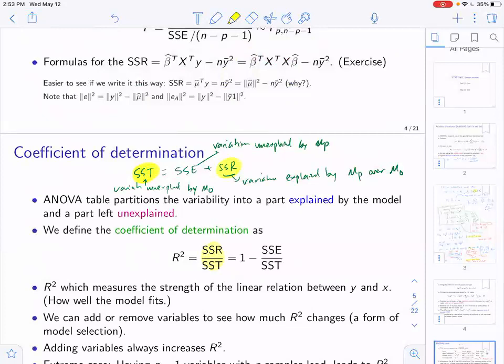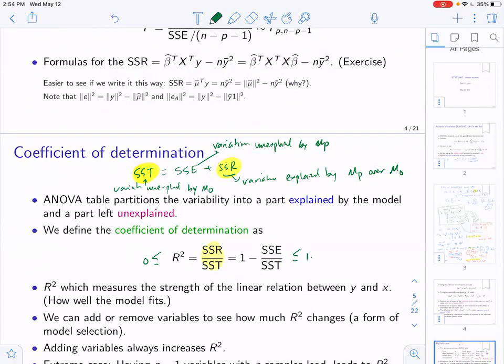And this you can see is always between 0 and 1. The reason being that the sum of the two has to be 1 once they are divided by SST, and both of them are non-negative, so they have to be between 0 and 1.